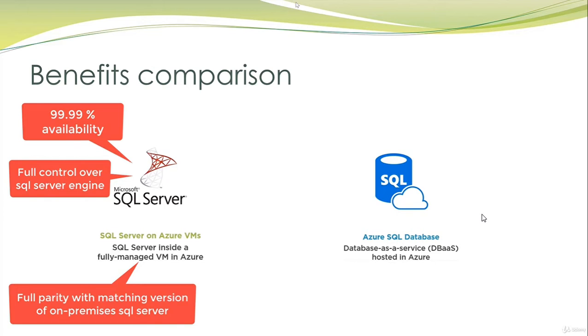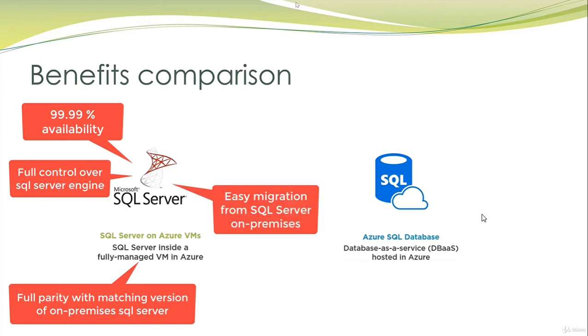This means easy migration from SQL Server on-premises to Azure. You can place the SQL Server virtual machine inside a virtual network subnet and assign a private IP address to this virtual machine. This makes your SQL Server installation more secure.